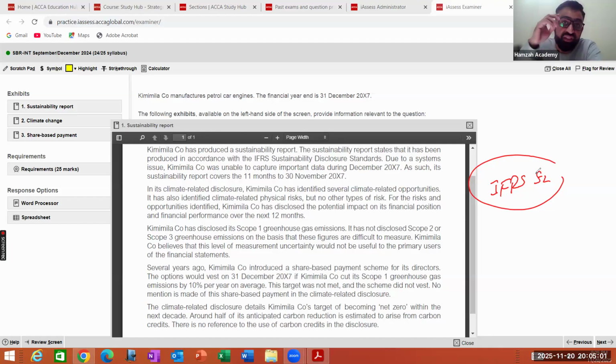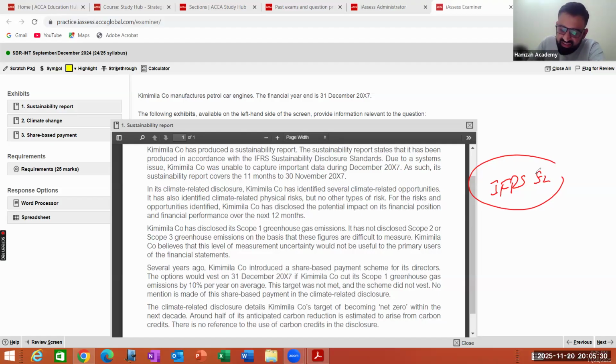For example, you are purchasing electricity for use in your factory, for use in your production, and when you purchase the electricity, electricity is produced by someone else, maybe using the coal power, maybe using the furnace oil. So as you consume more electricity, you are damaging more environment. That is an indirect effect, and that is known as scope 2. So they haven't disclosed the scope 2.